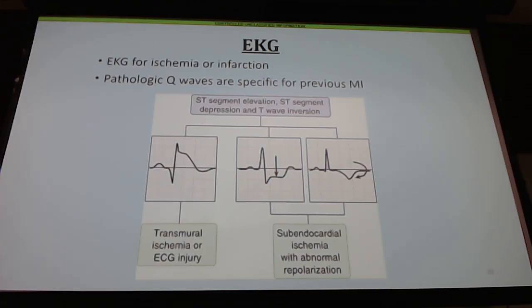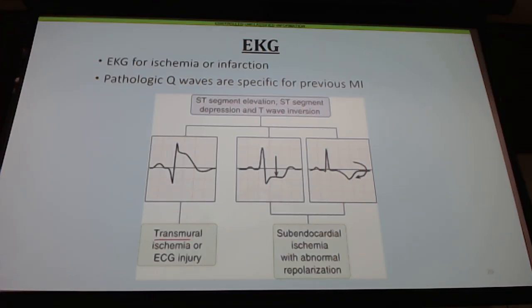When we see ST elevation on that EKG, that indicates that there is a transmural injury occurring. So the full thickness of that muscle in that area is either under stress or is dying because it's not being perfused adequately enough to meet the oxygen demand in that region.